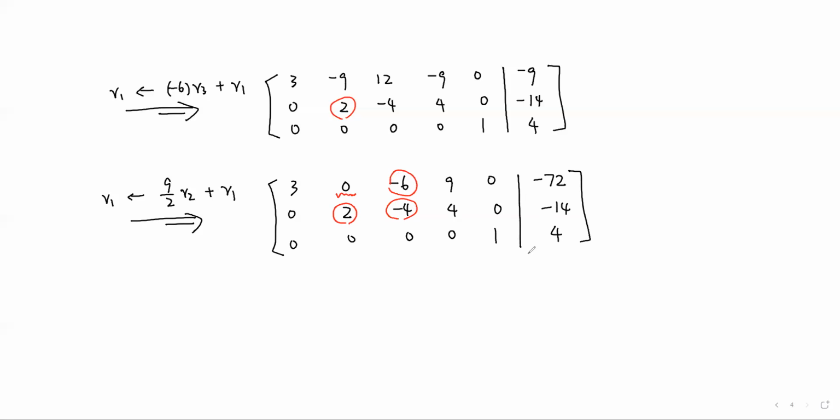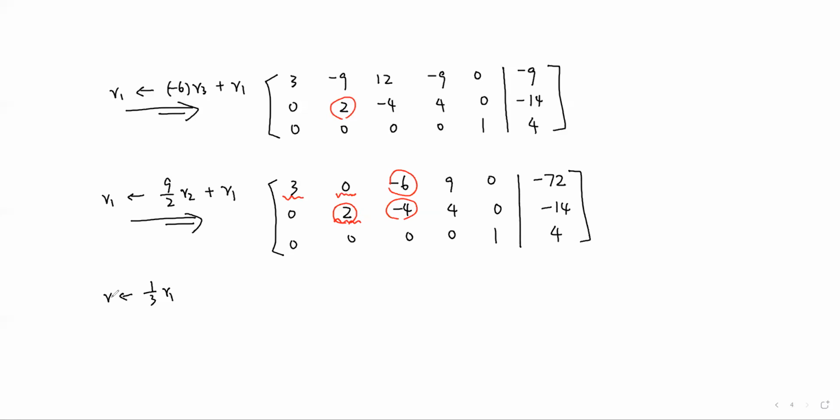This final matrix is very close to reduced echelon form, but reduced echelon form requires leading entries to be 1. Now, one more step, scale the rows. 1/3 times row 1.